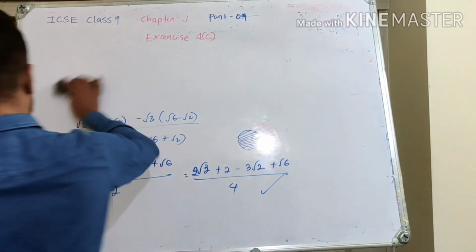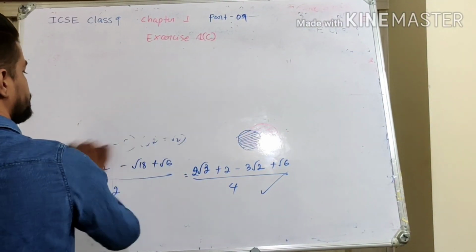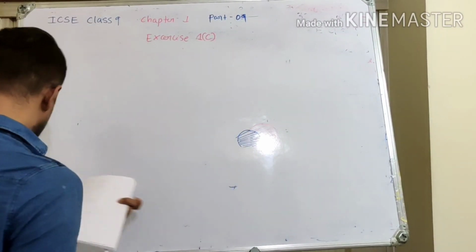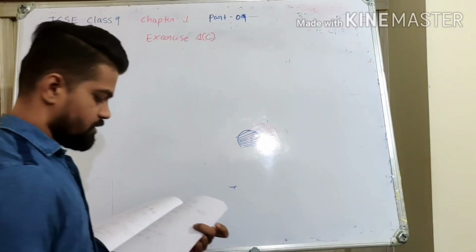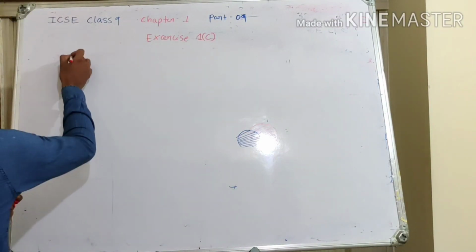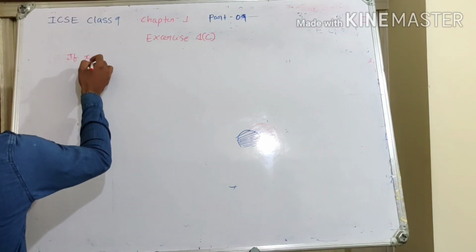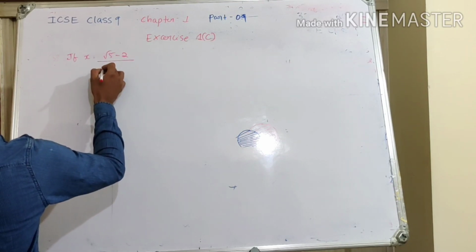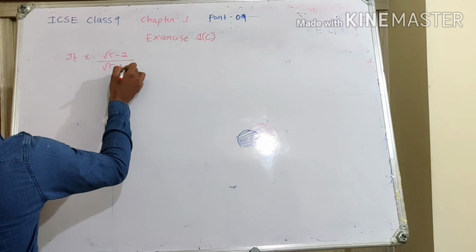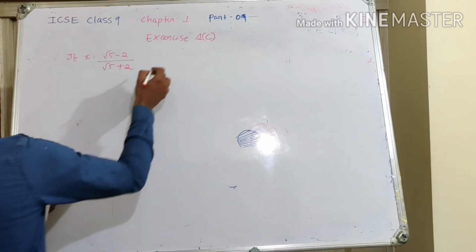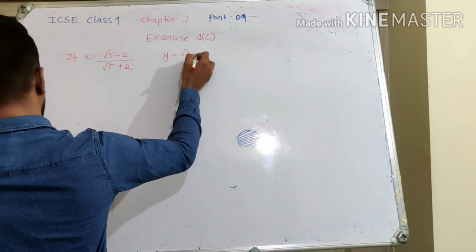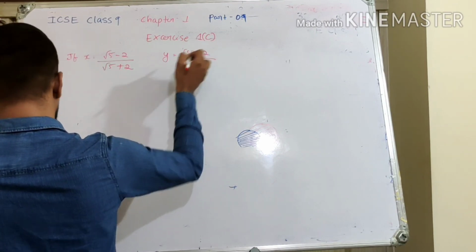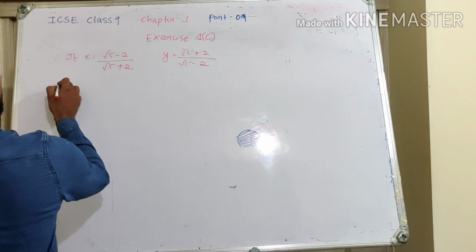Now going on to the 6th main, they are interesting. What is the 6th main saying is: if x is equal to root 5 minus 2 divided by root 5 plus 2 and y is equal to root 5 plus 2 divided by root 5 minus 2, then find the following.